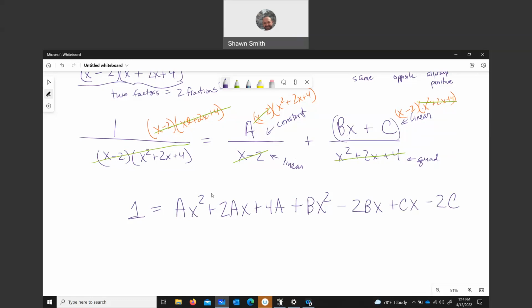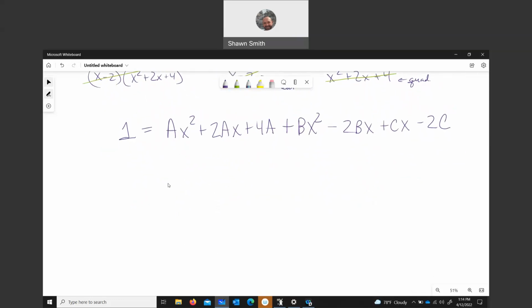All right, so next, equate our coefficients. X squared is the highest one in here, right? So x squares. No x squares on the left. That's 0. On the right, we have ax squares, so a of them, and bx squares, so just a plus b is 0. So a and b have to be opposites, right? X to the first. No x to the first on the left.